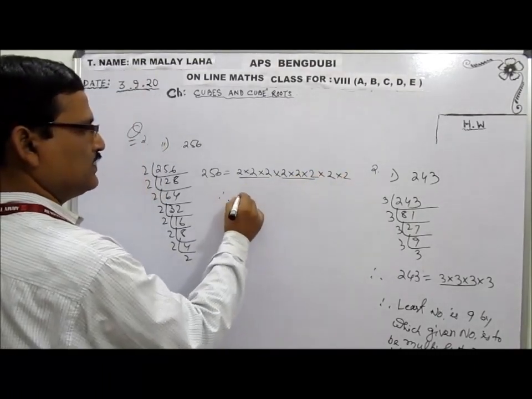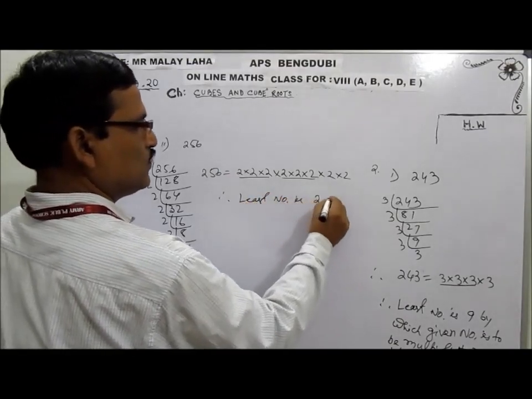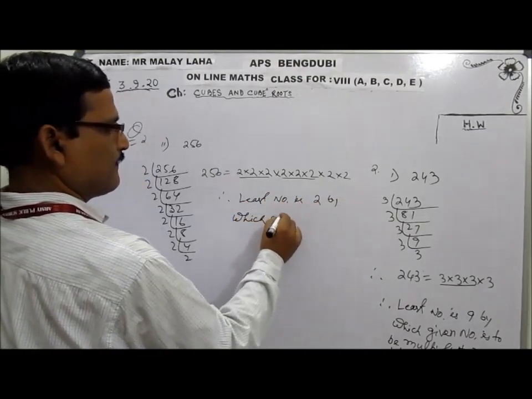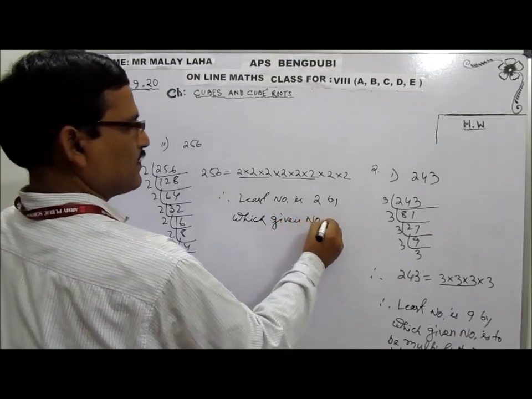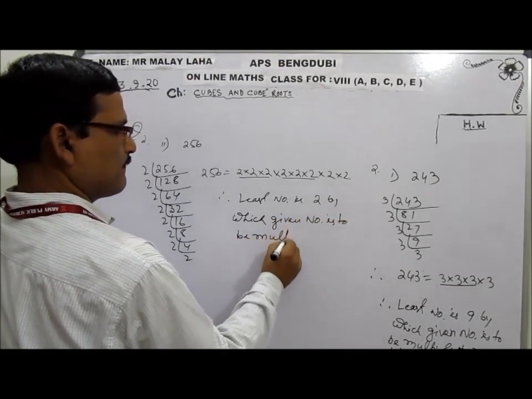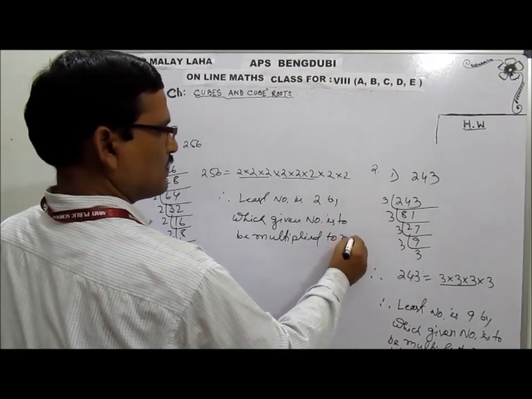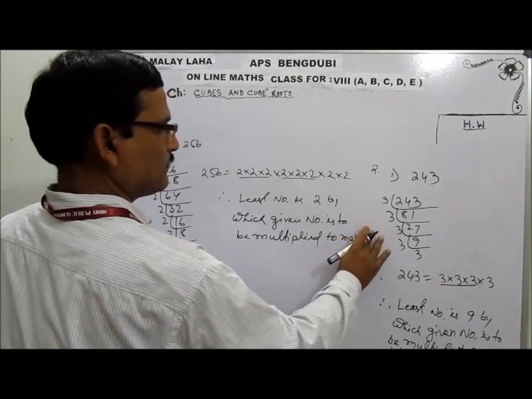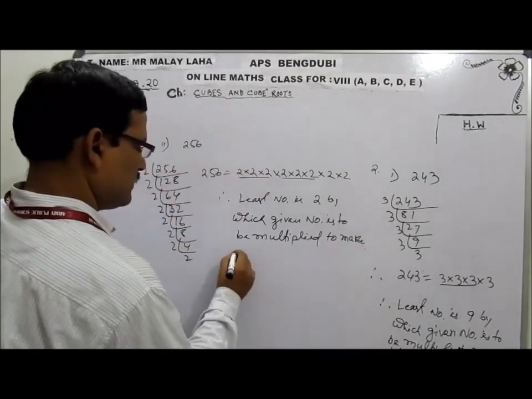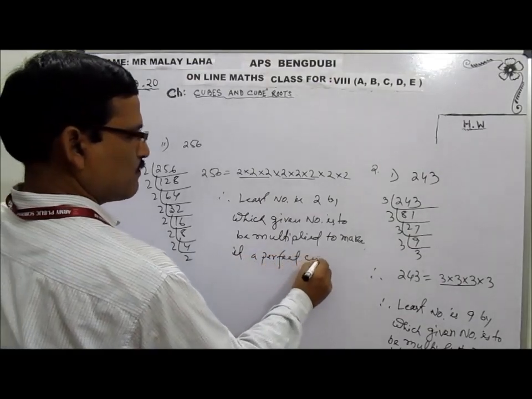Therefore the least number is 2, by which the given number is to be multiplied to make it a perfect cube number.